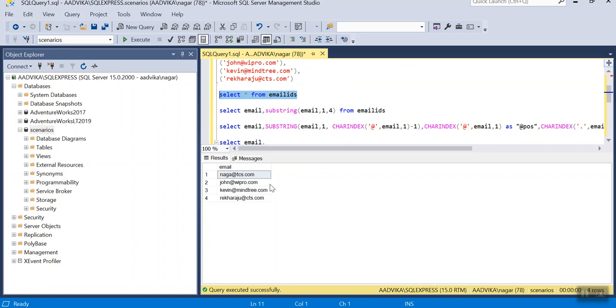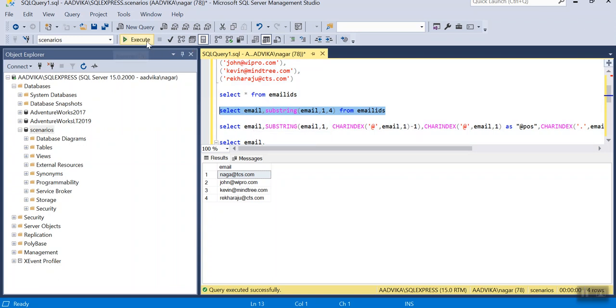The functions I'm going to use to achieve this are substring and charindex. Before utilizing charindex, I would like to give some understanding on substring.